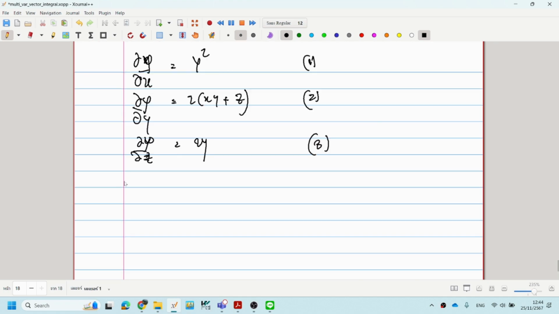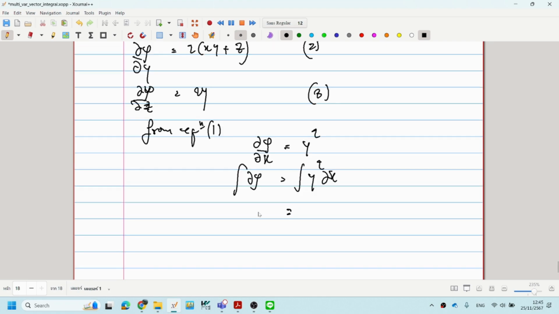You take equation number one, ∂φ/∂x equals y². I take the integral with respect to x, and you get a function.